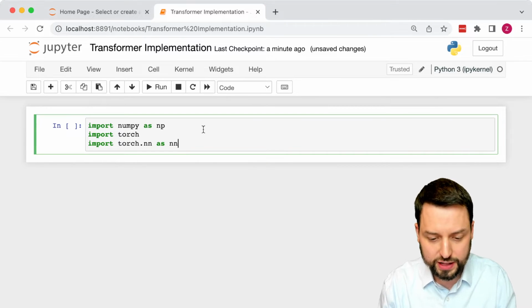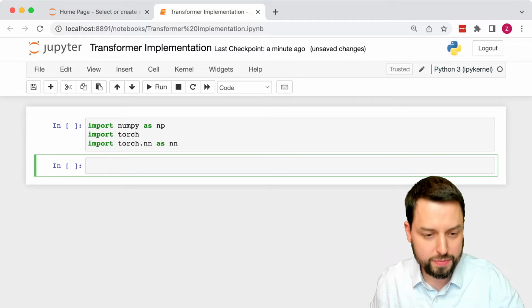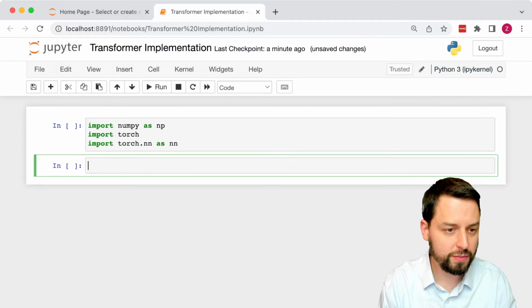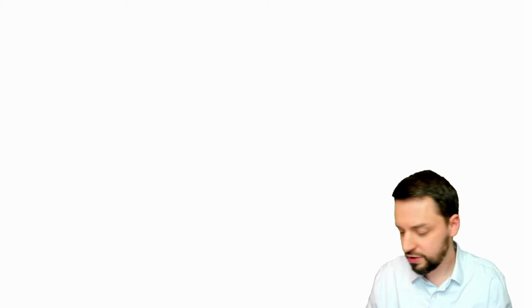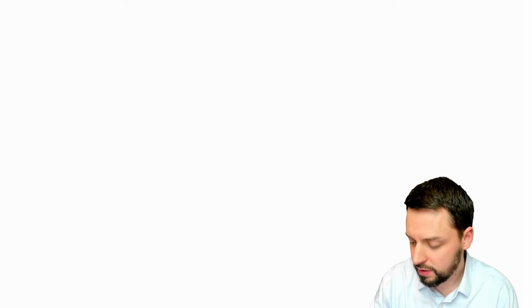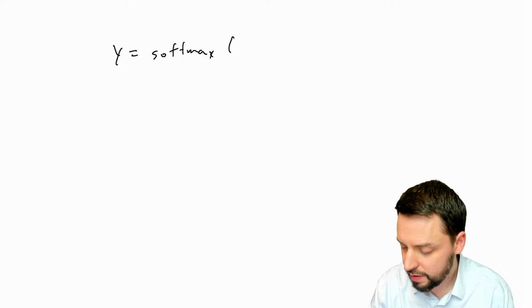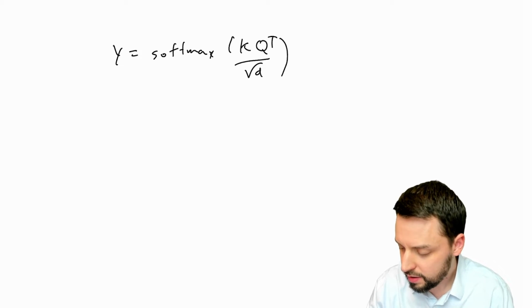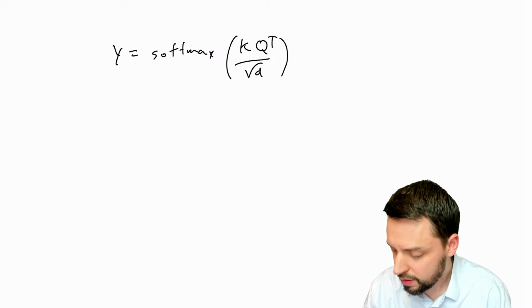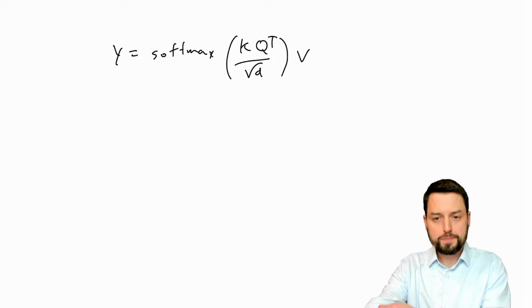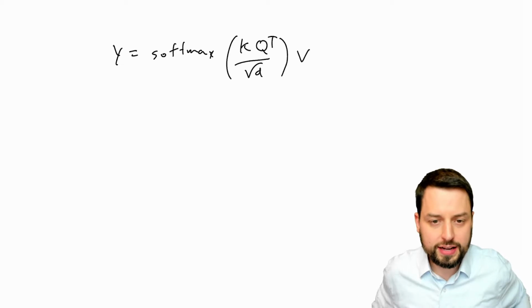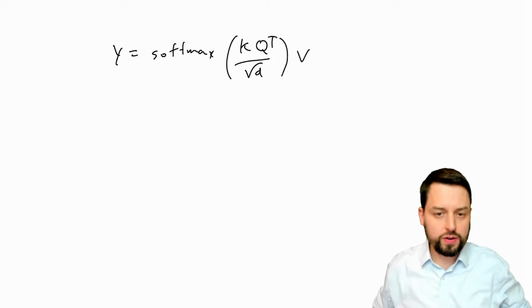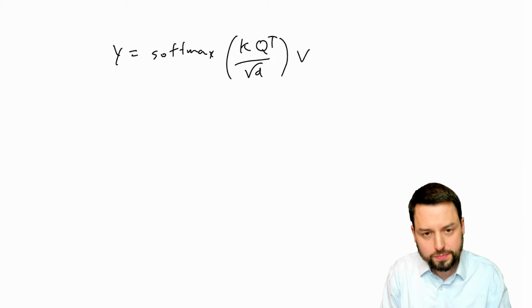Okay, so to start off with, let's talk about implementing the basic attention mechanism we've talked about. Essentially what we have to implement is this output y. Output y is equal to the softmax of K Q transpose over root d, times V. And the way I framed it last lecture is that K and Q and V were the inputs to self-attention.